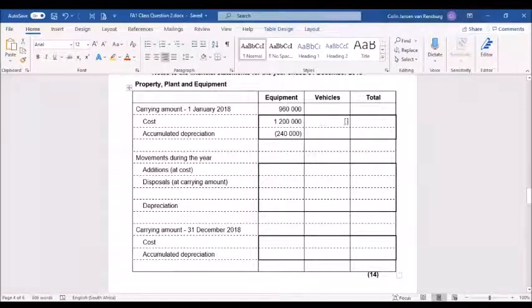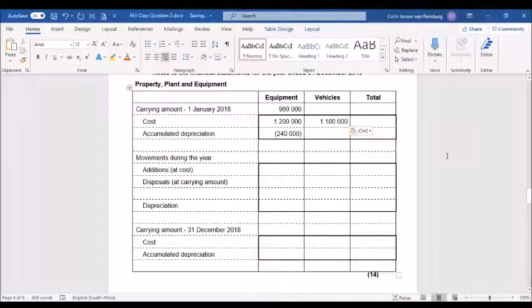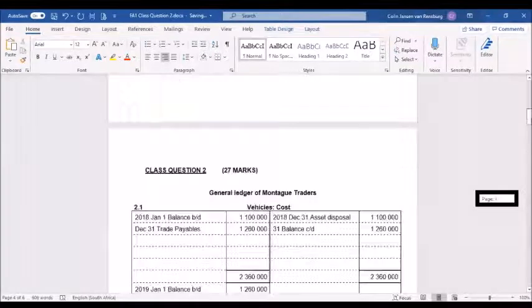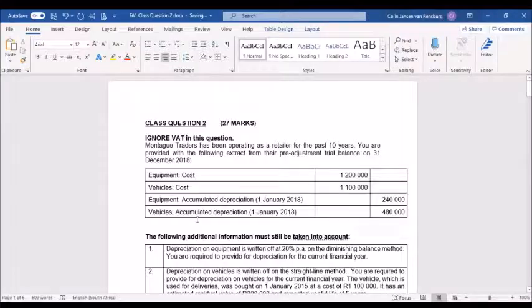Vehicles cost at the beginning of the year, 1,100,000. And then we go back and we see what was the opening balance on the accumulated depreciation of that particular category of property, plant, and equipment. The category now is the vehicles, and that was an amount of 480,000.